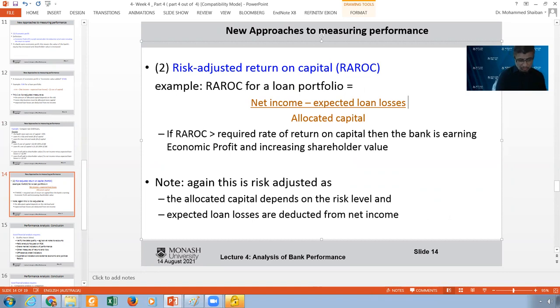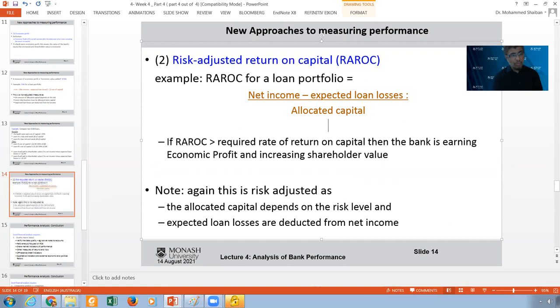Now this percentage, if it is more than the ROE, which is the cost of equity or the cost of capital, I have a positive.